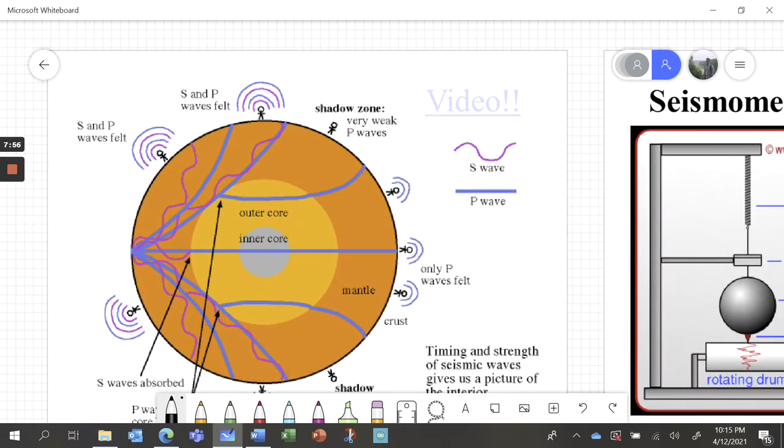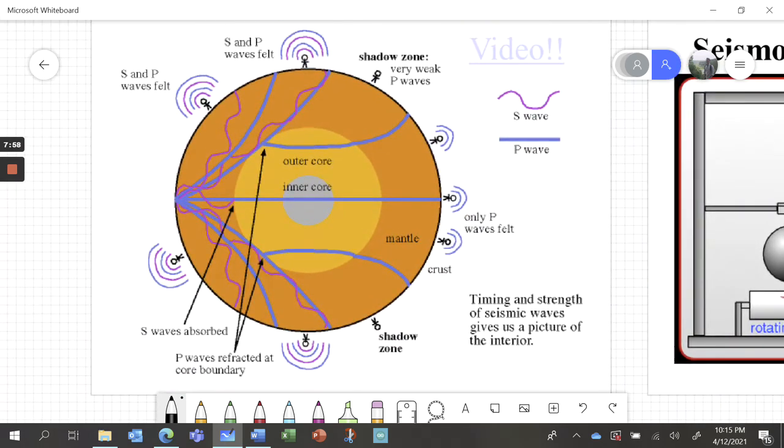So yeah, put together, it would look like this. On one side of the planet, the people at the seismographs would feel both the S and P waves. On the other side of the planet, you might feel P waves if you are kind of on the opposite side, like over in this zone.